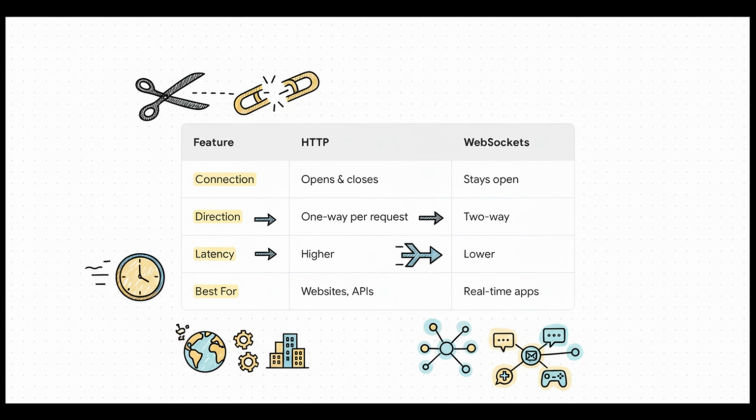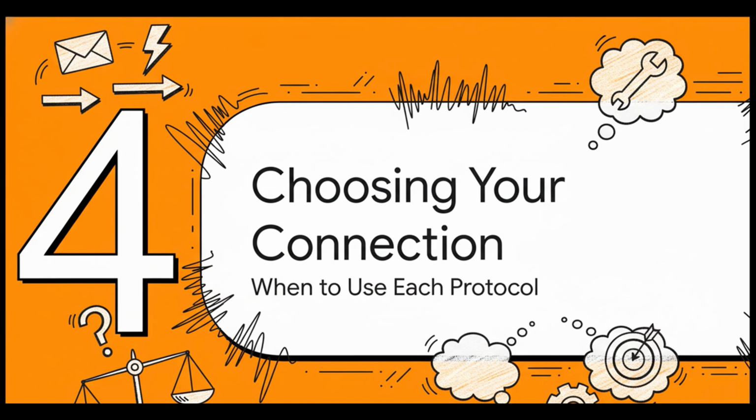WebSockets, on the other hand, just keep that connection open, which drastically cuts down on latency. This is why HTTP is still the king for standard websites and a lot of APIs, those interfaces that let apps talk to each other. But WebSockets, they are the undisputed champion for anything that needs to be instant. So you see, this isn't about one protocol being better than the other across the board. It's always about picking the right tool for the right job.